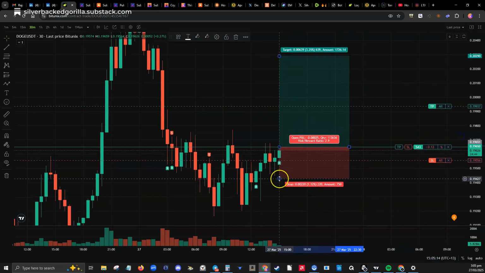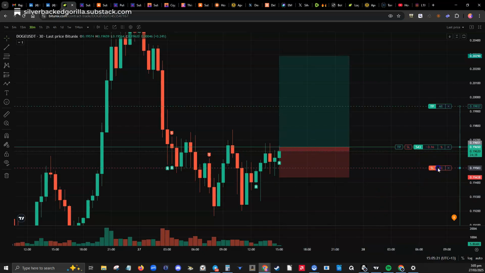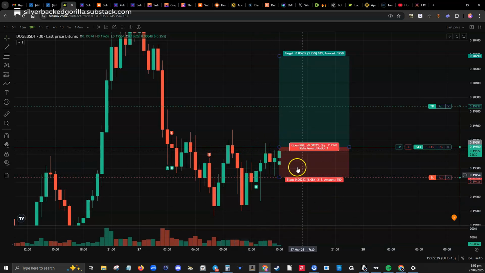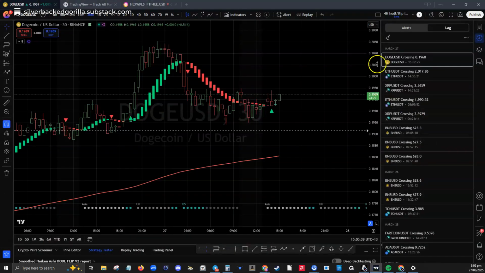Let me just expand it out so it's easier to stop on 3. There you go. 3. And then adjust my stop loss down to there, and then that gets it below those recent candles as well. So this whole area, and then we've got the one day chart that says, you know, we're looking green on Doge.